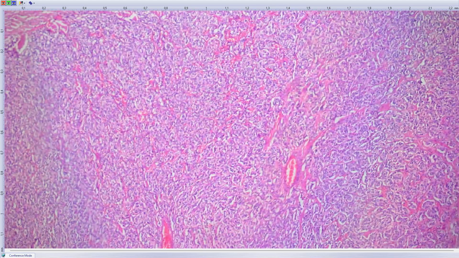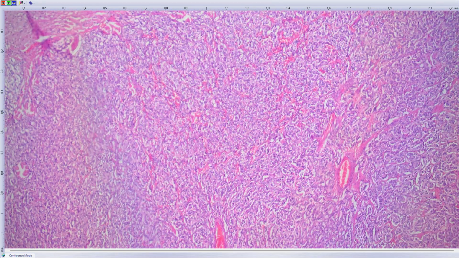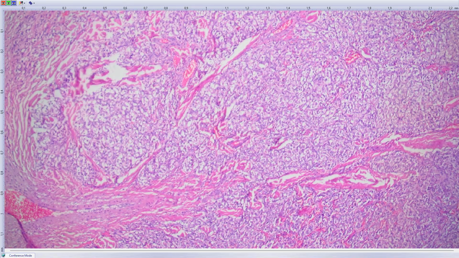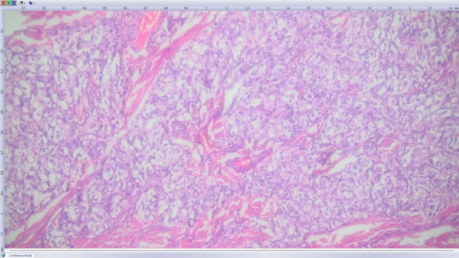They are trying to resect it, but the typical morphology is here. So it's this nested, cell balloon architecture of epithelial cells.